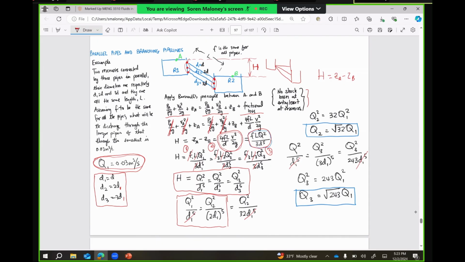And I can simplify that: Q2 is equal to the square root of 32 times Q1. And I know what Q1 is, so basically I can calculate Q2. And then I do the same thing again for pipes number 1 and 3. Same thing, and I get an expression for Q3: the square root of 243 times Q1.